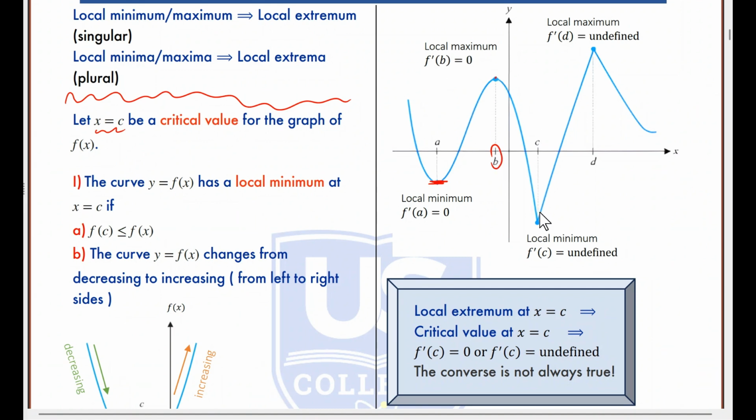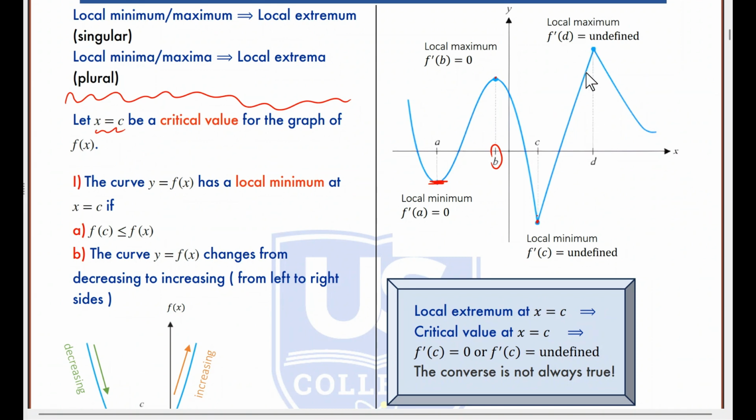The third local extremum, here we have C. At x equals c, we have a local minimum. This point is the minimum point around, because we have a critical value, because at that point the derivative is undefined. Remember, for critical values, we have two situations: the derivative is 0 or it's undefined. Finally, we have x equals d.